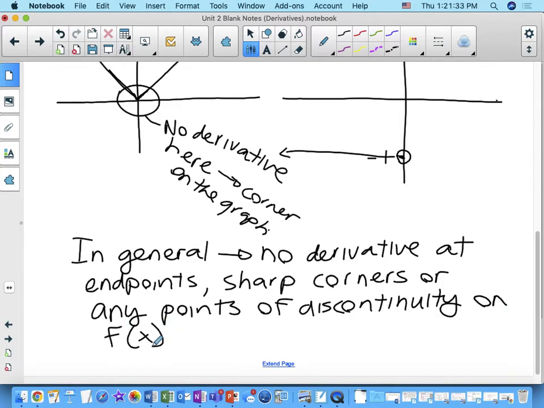So if there is any sort of endpoint, like we saw in the previous page, if there's any sort of corner like this, or wherever it's discontinuous, there's no way of getting a tangent line there. And so therefore, we're not going to be able to define the slope of the tangent line there. And so the derivative will not be defined in those locations.